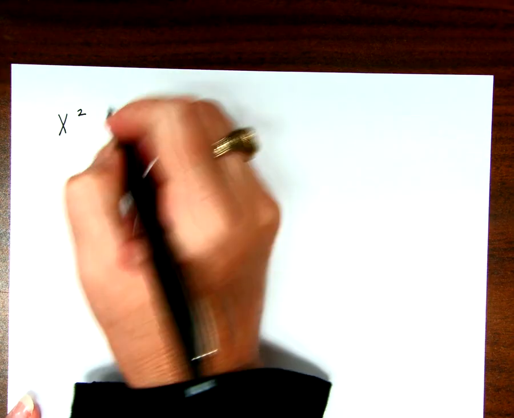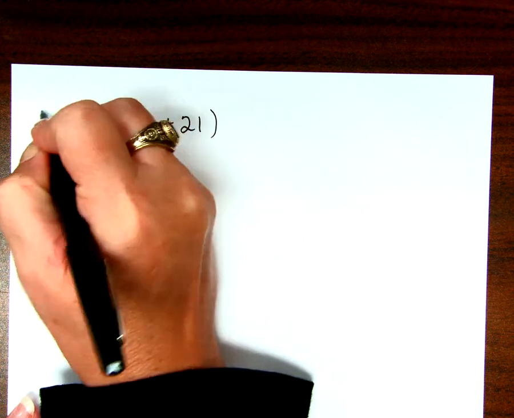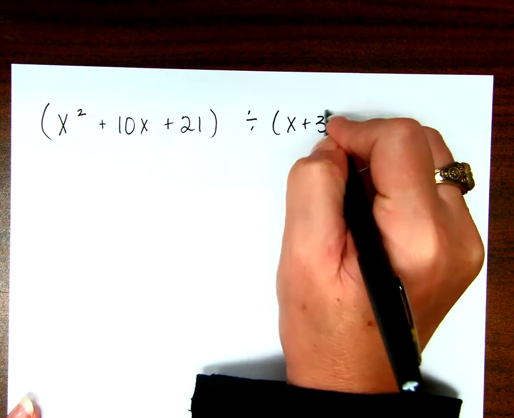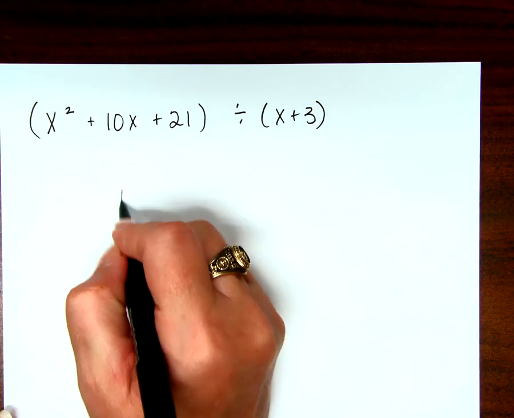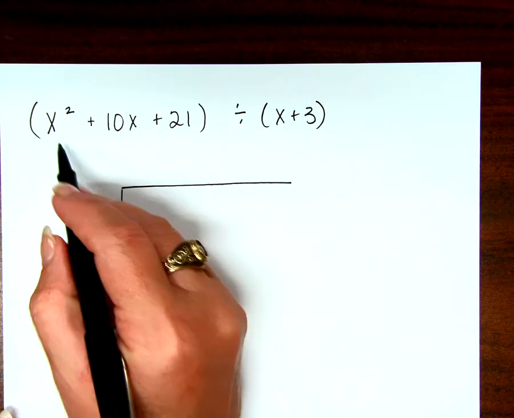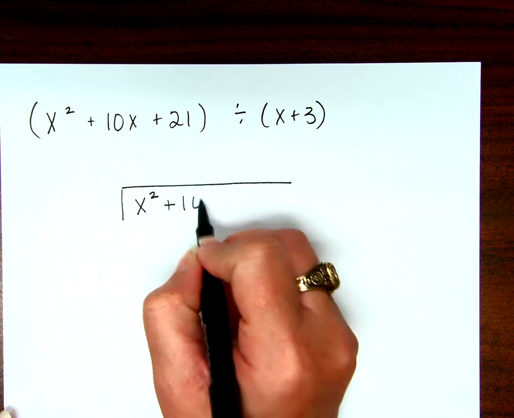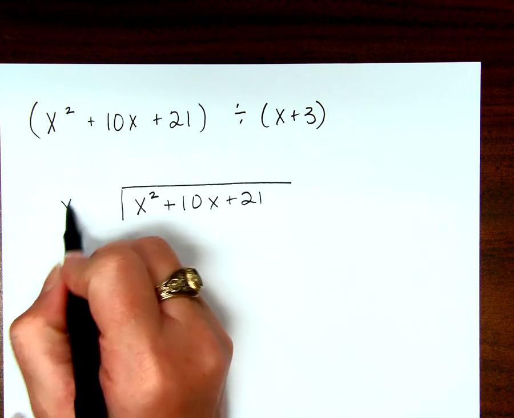X squared plus 10x plus 21 divided by x plus 3. Let's do this with long division. Okay? So remember, long division, what we're dividing goes inside, and what we're dividing by goes on the outside.